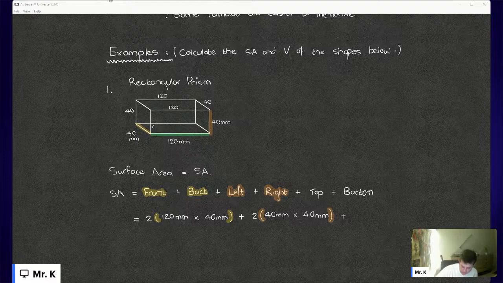It's just that things can tend to get a little bit messy should you choose to do that. If that works for you, go for it. Okay. The bottom plate is 40 millimeters by 120 millimeters. Okay, that's actually similar to the front and back plates. Nonetheless, 2 times 120 millimeters times 40 millimeters.